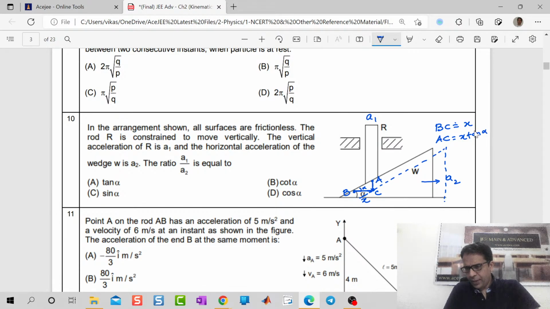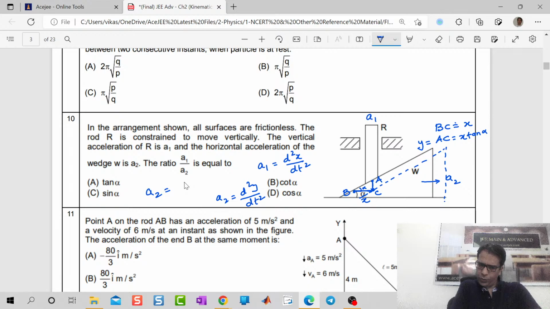If you were to try and find the acceleration, a2 is nothing but d2x by dt2, and let's call this AC as y, and a1 is d2y by dt2. If I'm doing it right, let me know. But it looks to me that the wedge acceleration is a2.